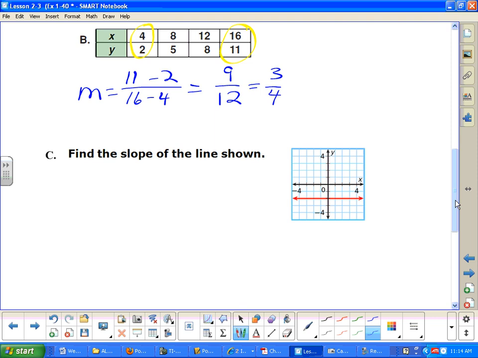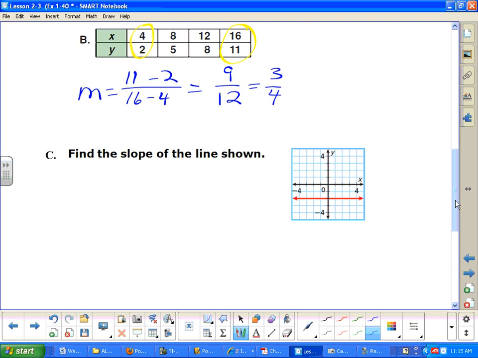Letter C. Find the slope of this line. Okay. So some people say it's 0 and some people say it's undefined. Well, what do we need to find the slope of a line? 2 points, right?